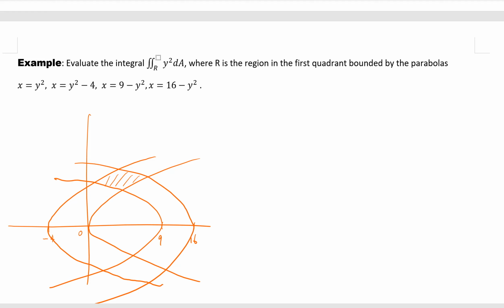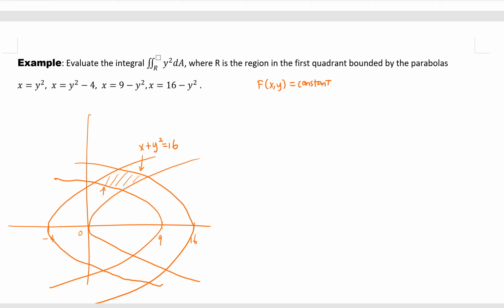Okay, now let's figure out each boundary. Because we're already given the boundary functions, let's express them in the form of a function of x, y equals constant. Well, this guy is x equals 16 minus y squared, so x plus y squared equals 16.